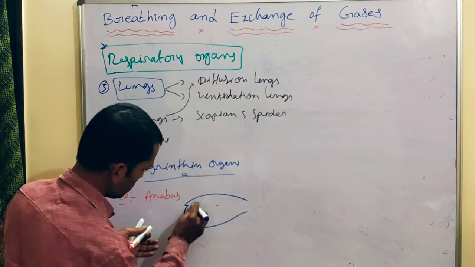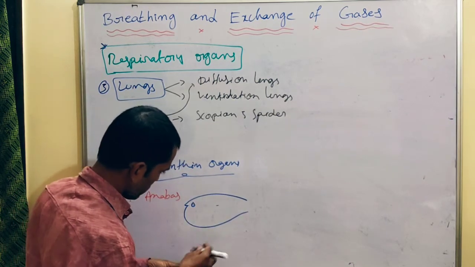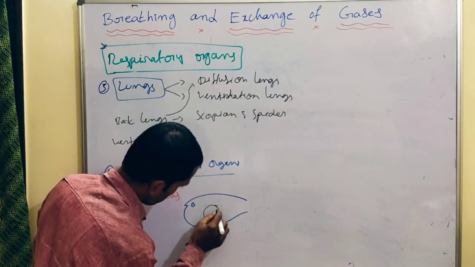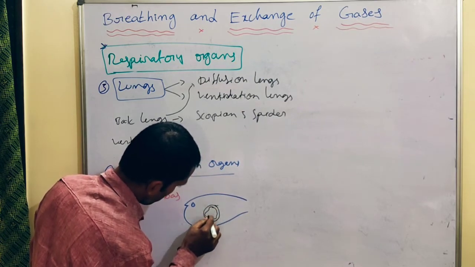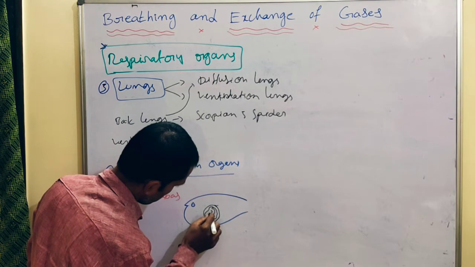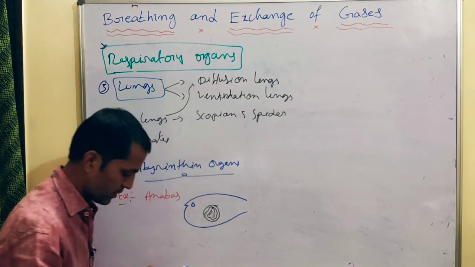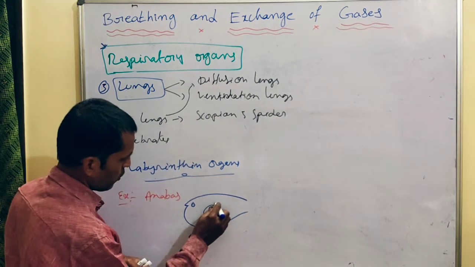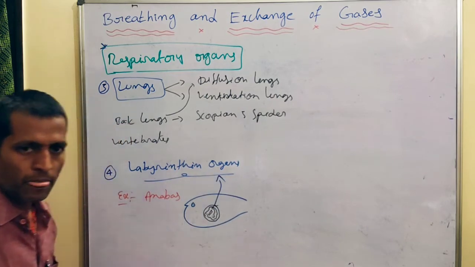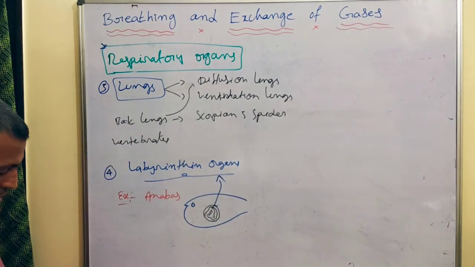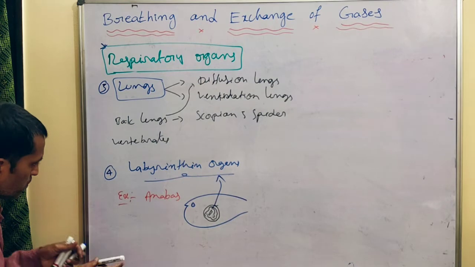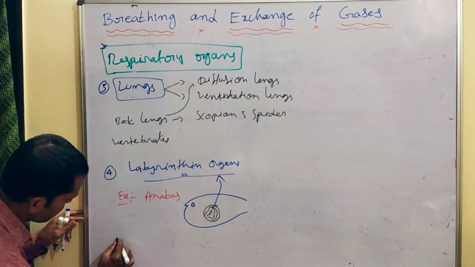This is the organism. Here you can see the wave-like plates. This structure is called the labyrinthine organ. Example is Anabas.